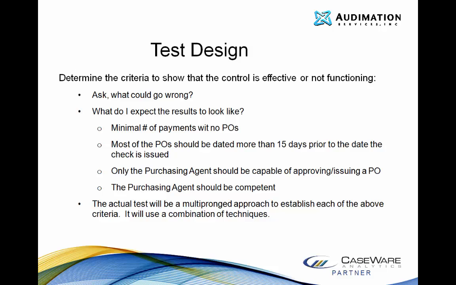The purchasing agent would have time to review and approve the purchase, make sure the bidding requirements and any other legal requirements were done properly, and then the purchase would be issued and an invoice received back. So I shouldn't expect to see a very, very short time period between a PO and an actual check.